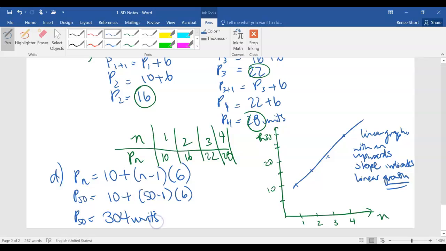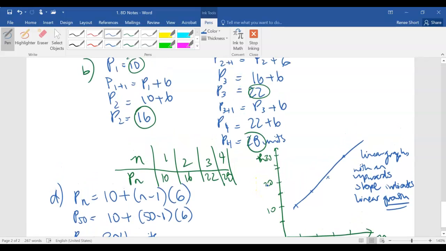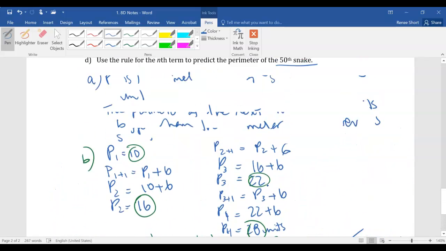So we can see here that this rule for the nth term is quite handy. I'm not having to enter that in my calculator and press enter 50 times, which would be really time consuming. I can just substitute in 50 and find out that the 50th snake has a perimeter of 304 units. So now you have the skills to work on 8D.